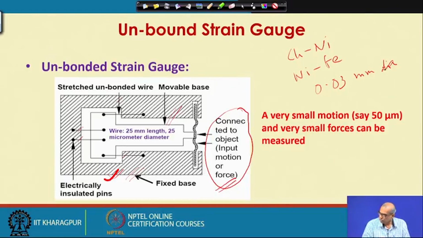This can sustain a maximum force of about 0.002 Newton. The Wheatstone bridge excitation voltage is typically between 5 to 10 volt and the output from the Wheatstone bridge is typically 20 to 50 millivolt.